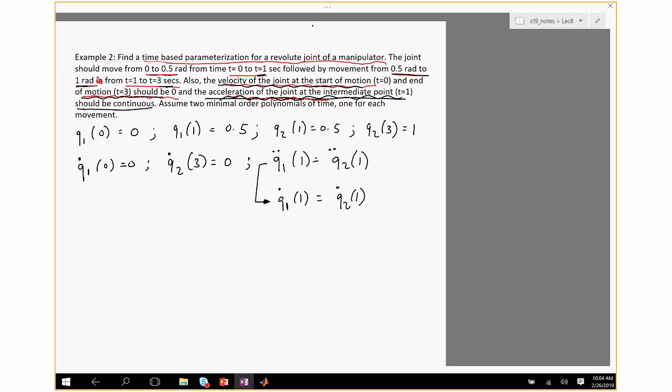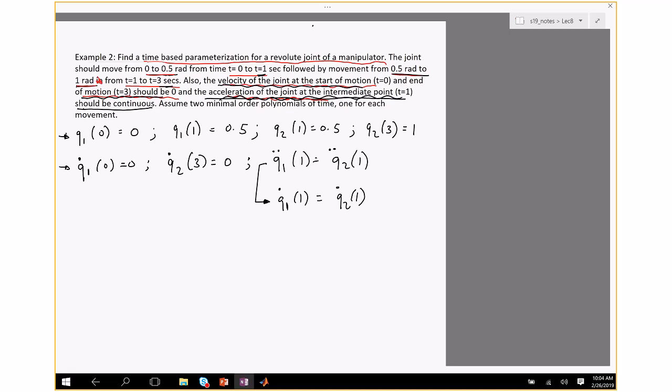So what we have essentially there is 4 conditions here, 4 conditions down there, and we have two profiles, Q1 and Q2. So we have 8 conditions, two polynomials, and a more democratic way of doing that is to assume that both of them would have the same number of constants, which at minimum would be 4. So 4 for Q1, 4 for Q2.